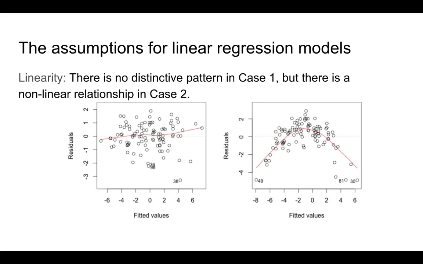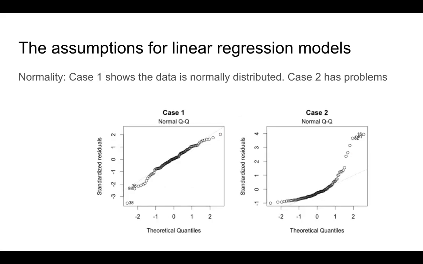The first plot can tell us whether the data set follows linearity. In the plot on the left-hand side, you can see there are no distinguishing patterns in the residuals or the red line. But we do see some nonlinearity on the right-hand side. The first one has linearity, and the second one doesn't hold the linearity assumption, right?